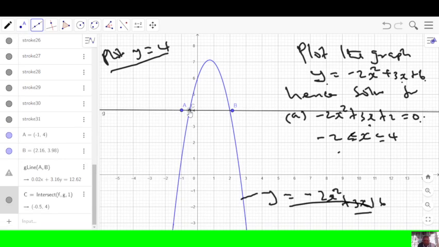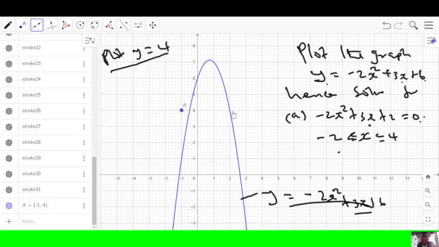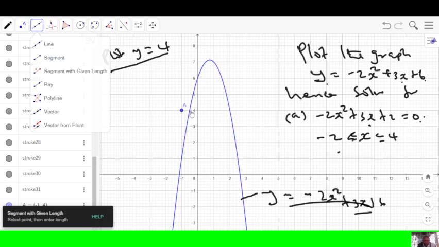I'm looking at point B and point C. Let me just repeat again.